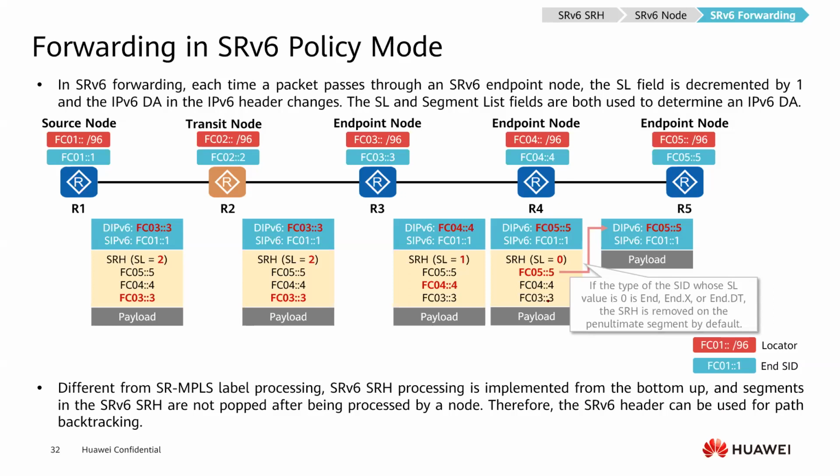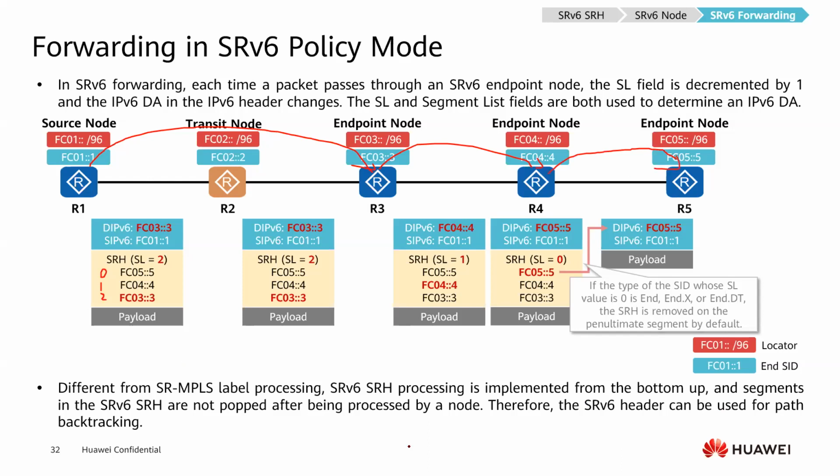In this mode, it has the SRH header, and in the SRH header there will be a segment list: 2, 1, 0. So when R1 sends out, it is sent in this way.